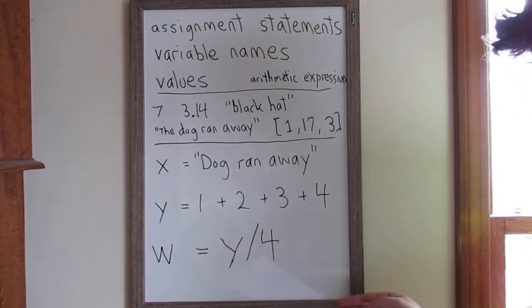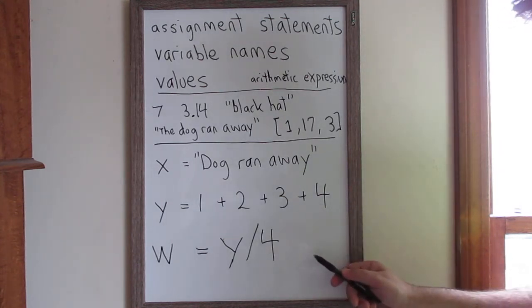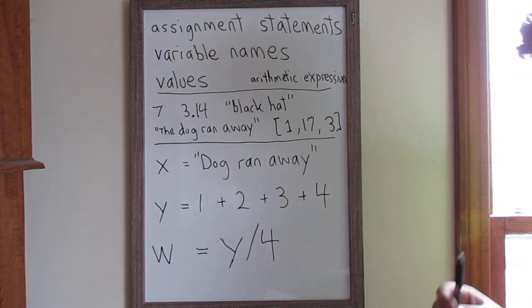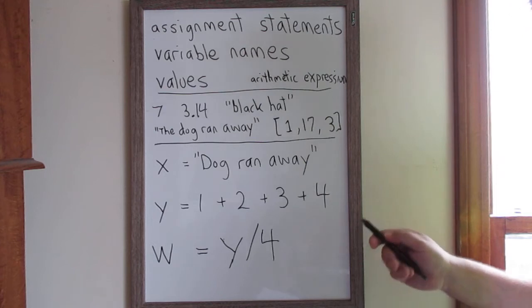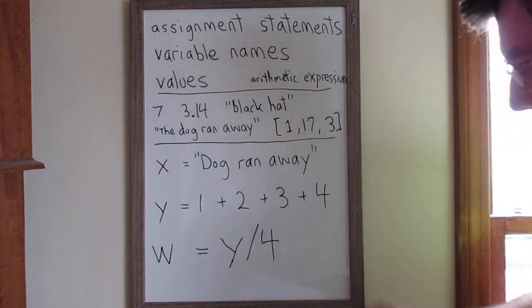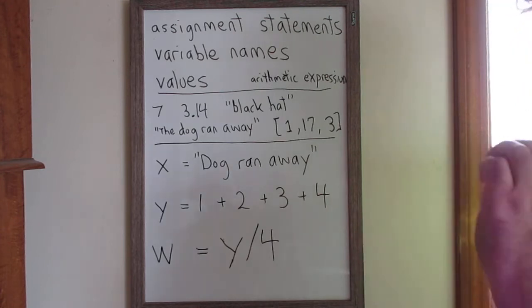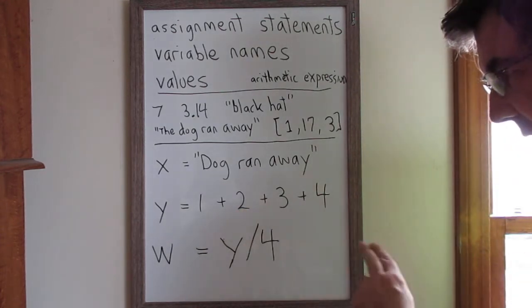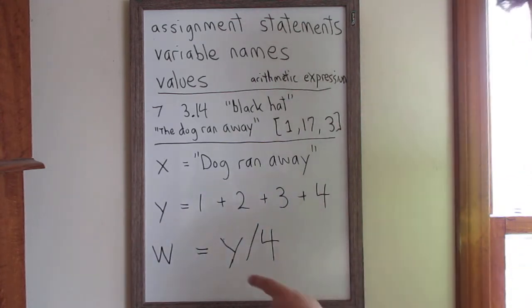Sometimes on the right side, you have an expression, usually an arithmetic expression, and this expression computes to a single value. 1 plus 2 plus 3 plus 4 becomes a single value, the number 10. So 10 gets connected to the variable name y.